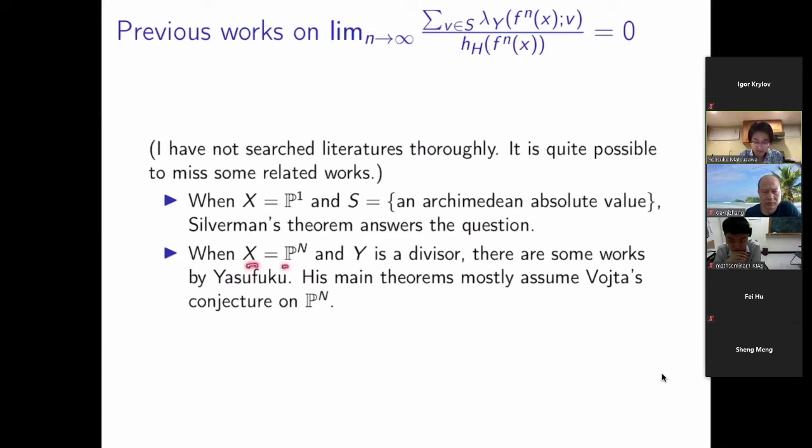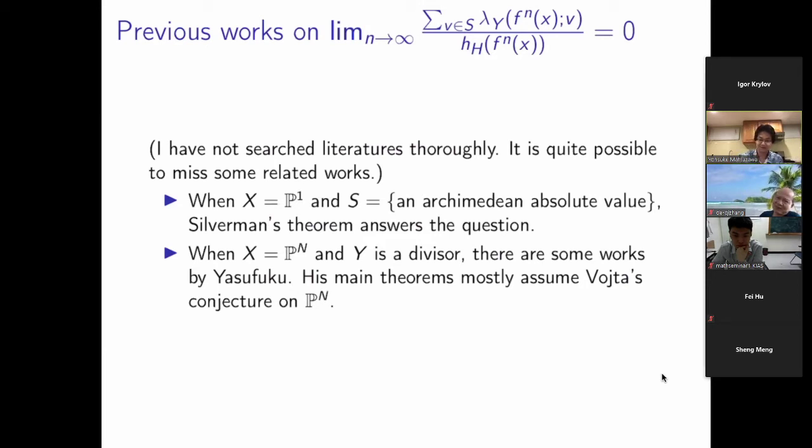And when X is a projective space and Y is a divisor, there are a series of papers by Yohsuke on this limit and applications to integral points. But his theorems mostly assume Vojta's conjecture on projective space. Vojta's conjecture is a famous, very huge conjecture in arithmetic dynamics, like termination of flips in the Diophantine world.